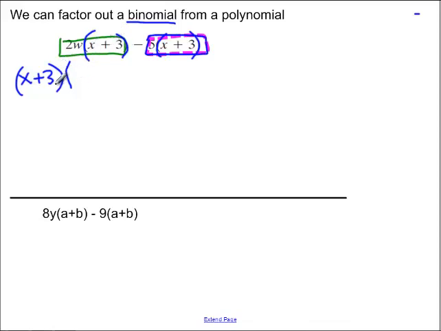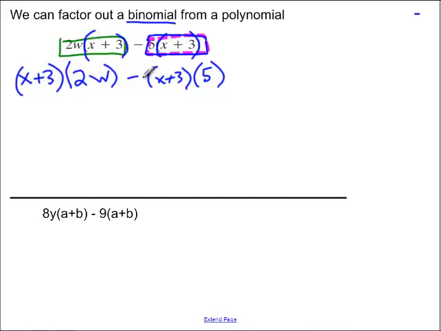Step 2 is to rewrite everything in terms of the greatest common factor and something else. So this could be x plus 3 times 2w minus x plus 3 times 5. And 5 times x plus 3 is the same thing as this blue rectangle. 2w times x plus 3 is the same as this green rectangle.